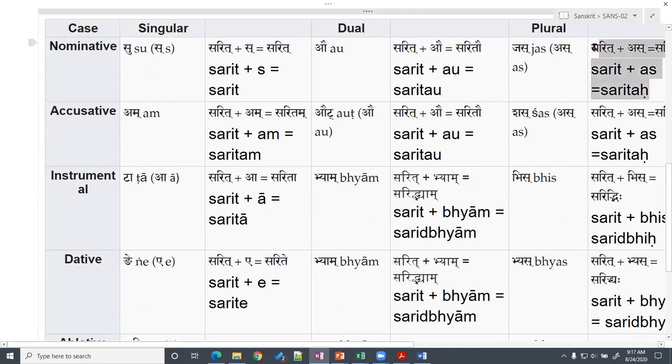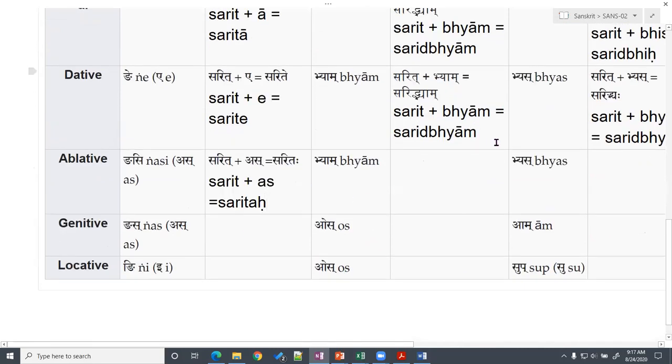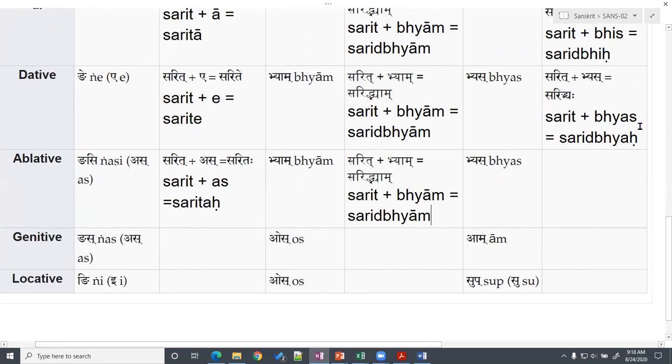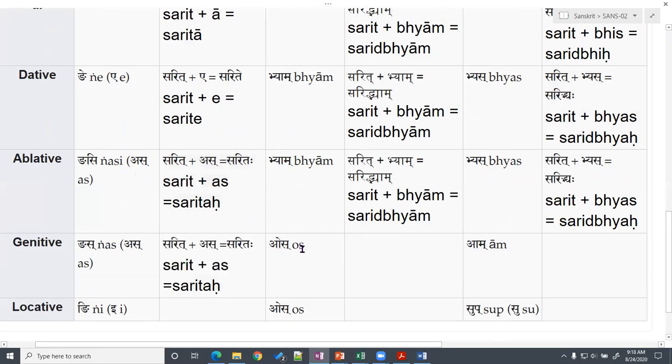So here also it will not undergo any change. Bhyam is the same as above, and bhyas also is the same as above. Nas is the same form, us, so no change here.